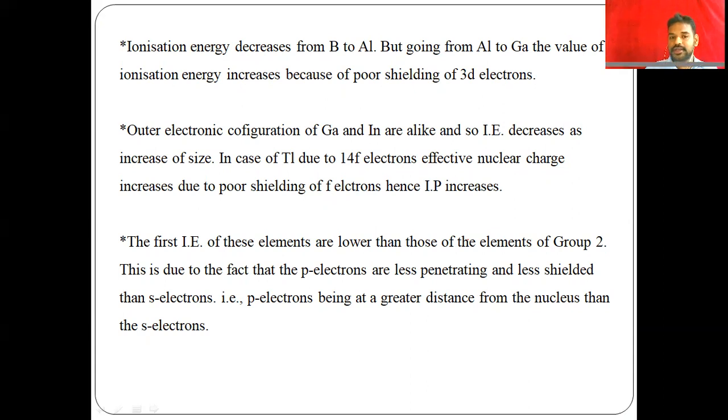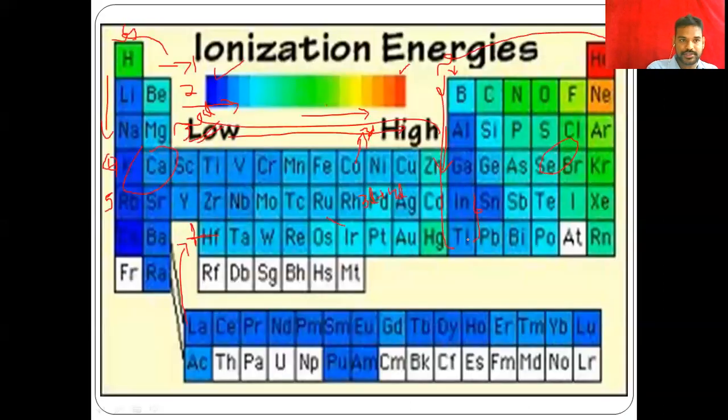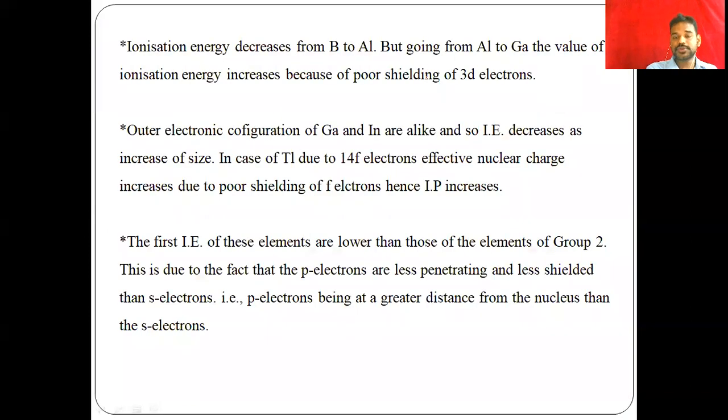So what happens in the first two groups? The first two groups have the s orbital as the outermost orbital, so the electrons are filling the s orbital. But when we come to boron, the p orbital starts to fill. The p orbital has a lesser shielding effect, and so it is more penetrating outwards.